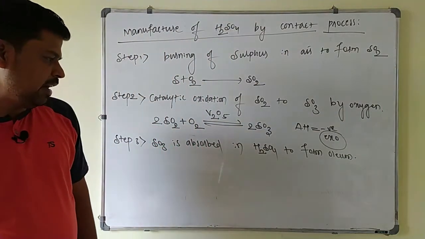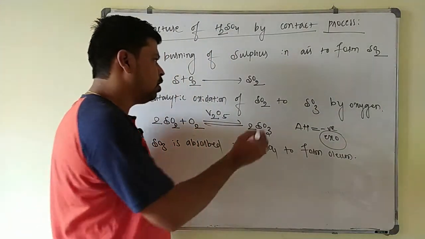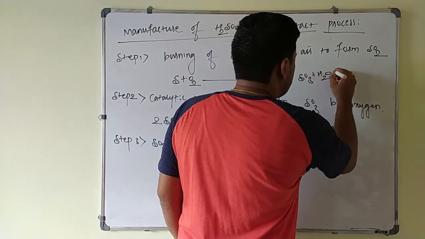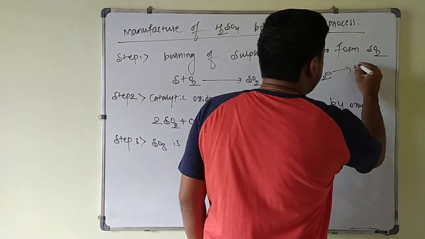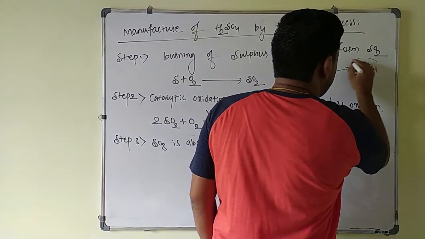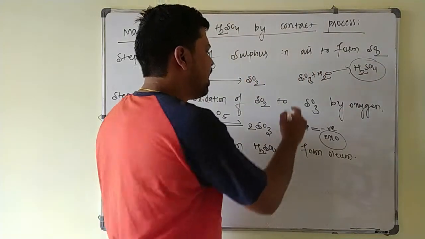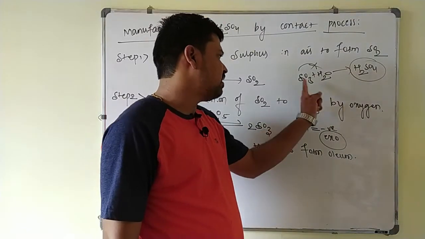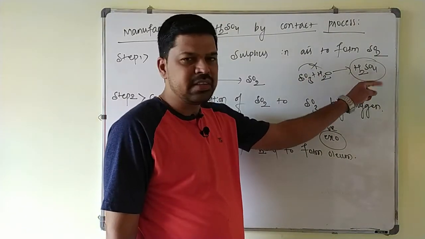One point to keep in mind here: once SO3 is obtained, this SO3 on dissolving in water gives H2SO4. Directly you can get sulfuric acid, but the reaction between these two is highly exothermic, so there is a violent reaction between them, hence this step is avoided.